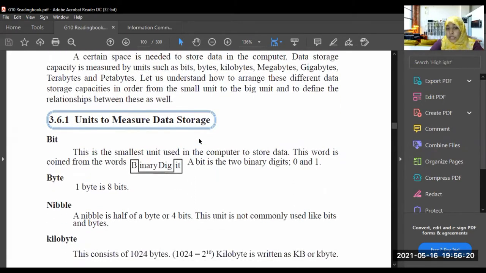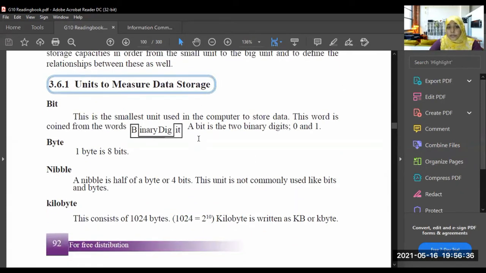In this lesson we are going to compare the data storage capacities and the units: what is the smallest unit, what is the biggest unit. So, units to measure data storage.